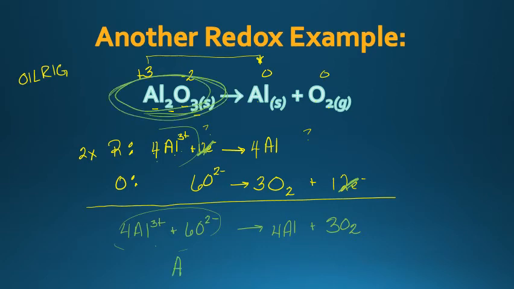So we end up with Al2O3 yields 4 aluminums plus 3 oxygens. And let's see, we need 4 aluminums total. We already have 2, so put a 2 in front of this. 2 times 3 as a reality check is 6. We had it. We're good to go. It is balanced.